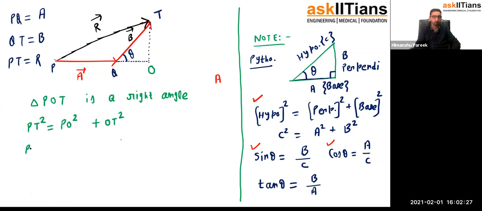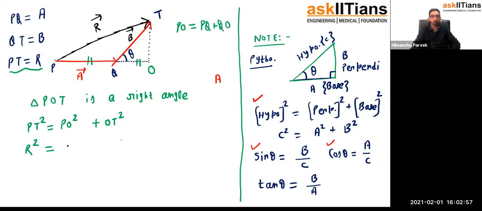One more thing, PT square is what? It's R only. See here, PT square is R only. So R square is equal to, what is PO square? I can write PO as PQ plus QO.